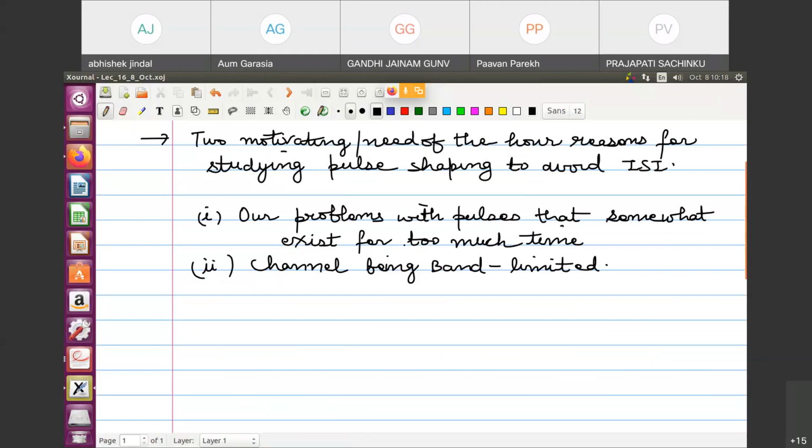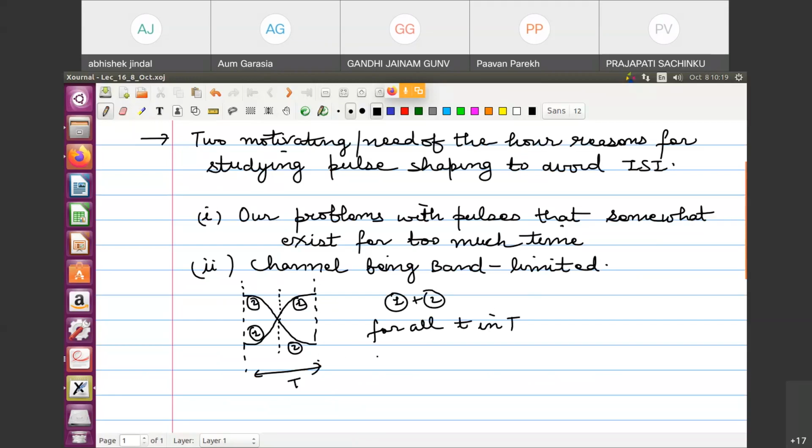So we said that the design should be like this, that it should be odd about this point, so that once you have another pulse, in this region, if I add both these pulses, that is if I add signal 1 and signal 2, so if I do 1 plus 2, for all t in the interval T, this should add to a constant.